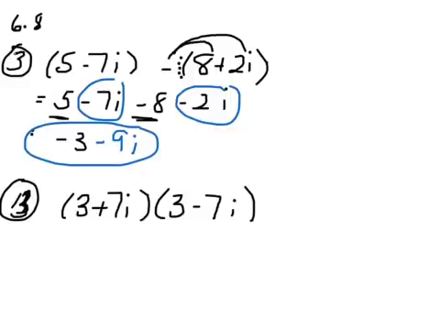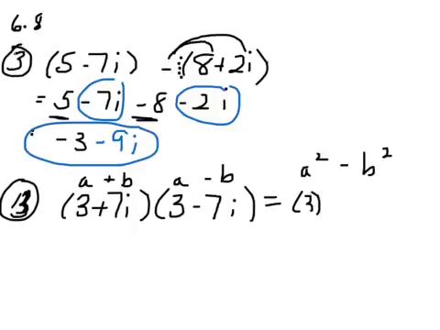And so we can multiply it all out, or we could say, oh, if a is 3 and b is 7i, this is a plus b, a minus b. I could distribute it, or I could just work it really quickly by saying it's a squared minus b squared. Well, a squared would be 3 squared minus b, which is 7i, squared.